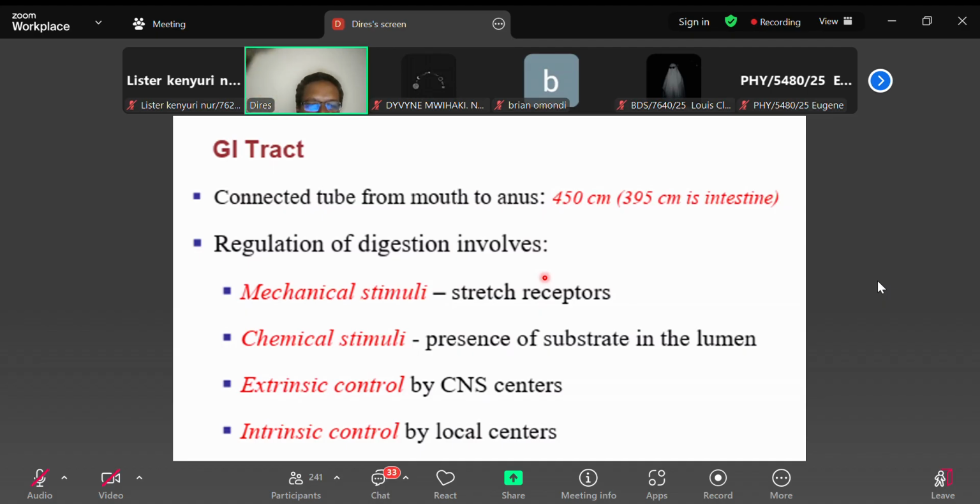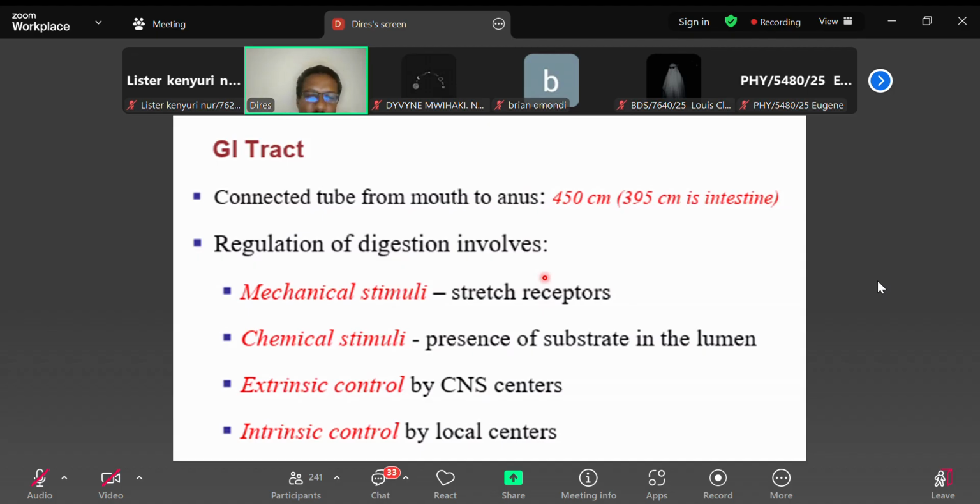The nerves coming from the CNS are mainly two types, sympathetic and parasympathetic. They increase or decrease the activity of the local center.